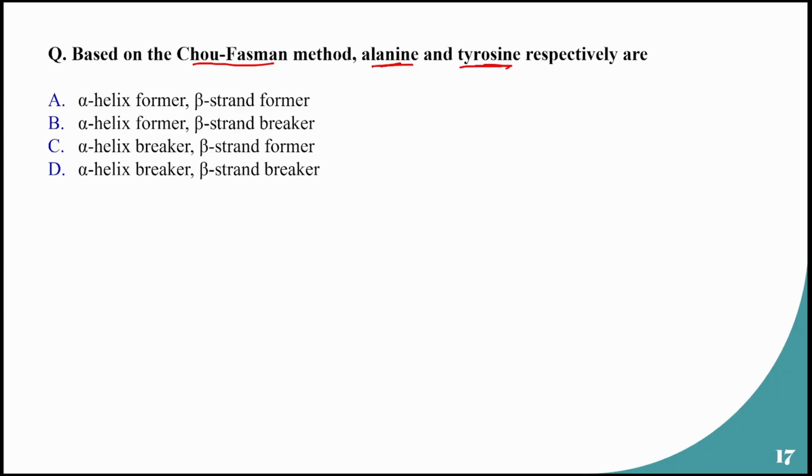On the other hand, if you very rarely see certain amino acids in, let's say, a beta sheet or beta strand, that means that amino acid should be a beta strand breaker, because it does not like to be a part of that type of secondary structure. The Chou-Fasman method is kind of the same thing. Here, the answer should have been A.